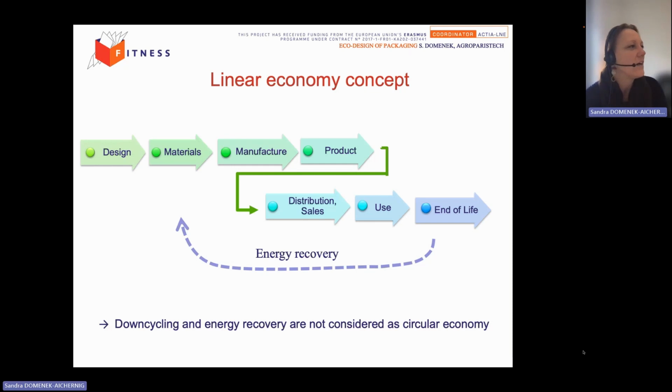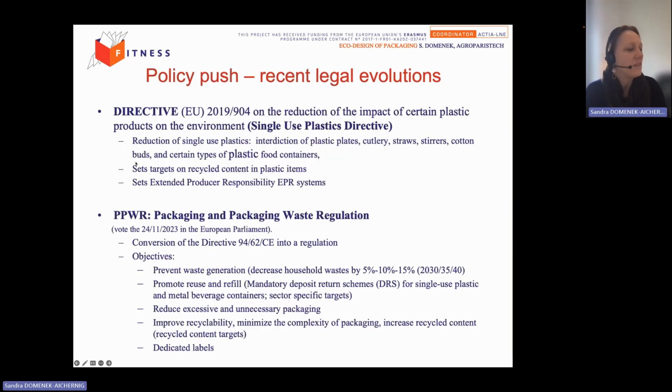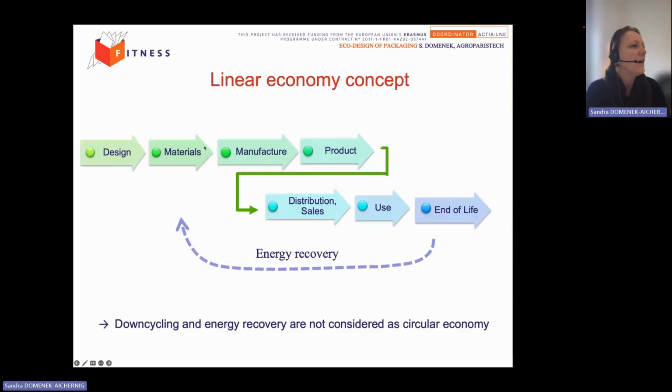So a linear economy, this is the one we are living in for the moment, and it basically says that you design a material or a product. You manufacture the product, you're going to sell it, somebody is going to use the product, and then at the end of its life this product is going to become a waste and is thrown away in the waste bin, and then somebody takes care of it.